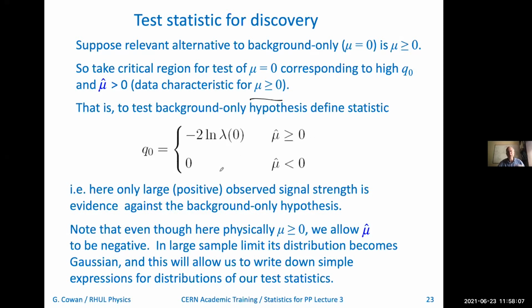On the other hand, suppose you expect, I don't know, 100 events and you see only 50. Well, is that discrepant? Yes, but it's not the kind of discrepancy that I would exploit to claim discovery of a positive signal process. And so therefore we just assign a value of 0 to the statistic, right? So that doesn't reflect any discrepancy between the data and that hypothesis. Right. So that's the definition that is very, very often used, or something similar to that at least.